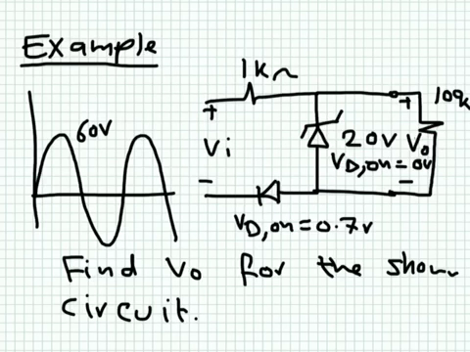In that case, the voltage across the output is equal to the input minus the 0.7 appearing here, minus the drop appearing here. But in this circuit, as you can see, I selected the 100K to be way larger than 1K, meaning that this is a voltage divider between the 1K and 100K, but most of the voltage will appear across V0.